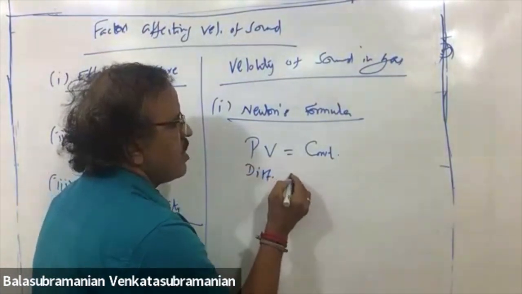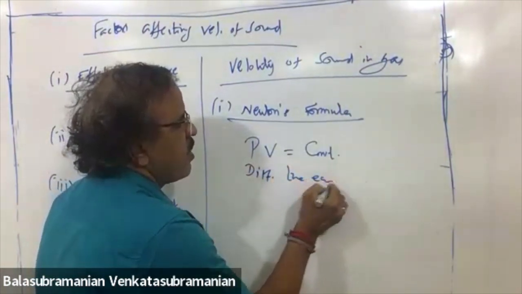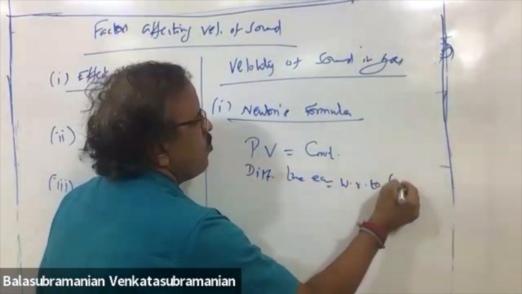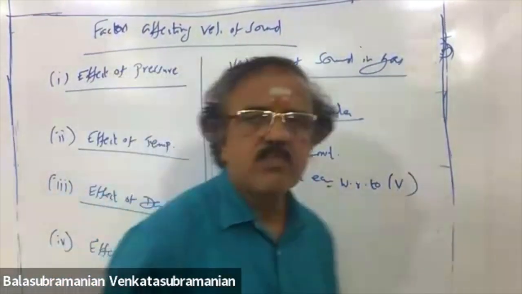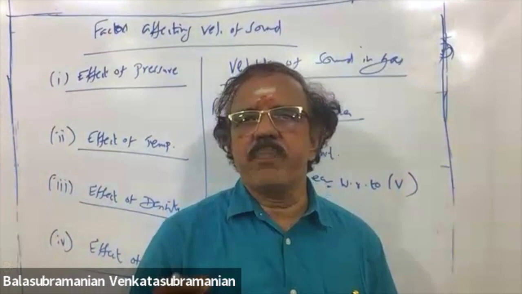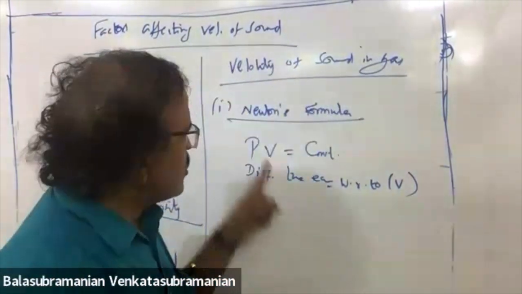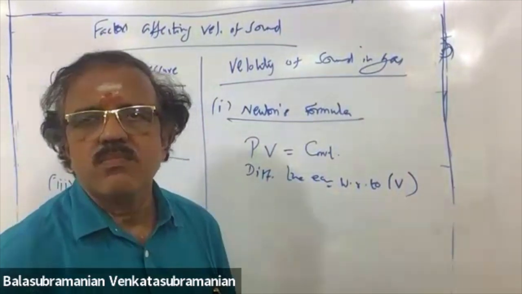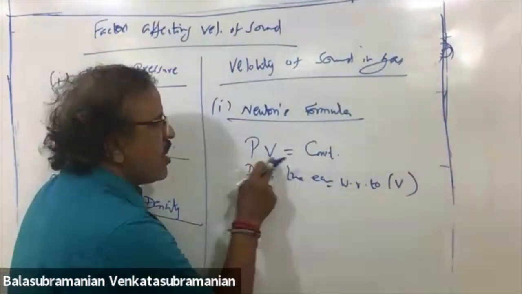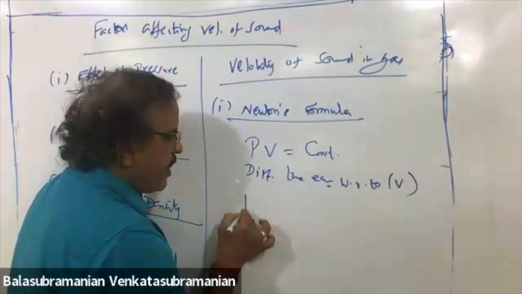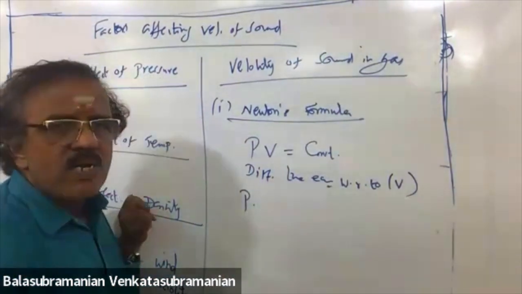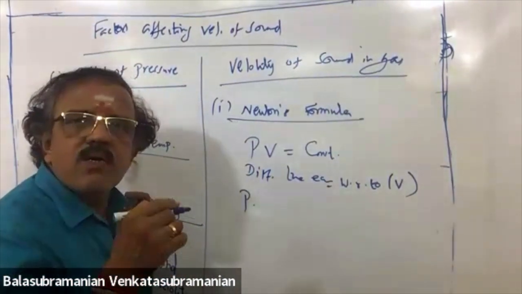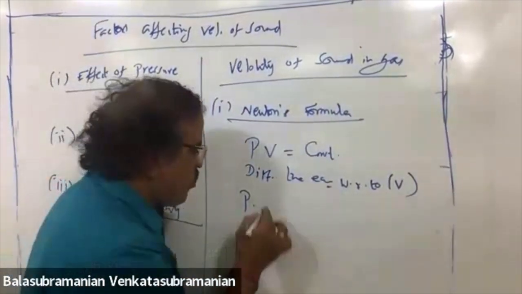Differentiate the above equation with respect to volume. Differentiation basics you know. With respect to V, we are differentiating. Both are variables. Keeping pressure constant, differentiate V with respect to V, 1.